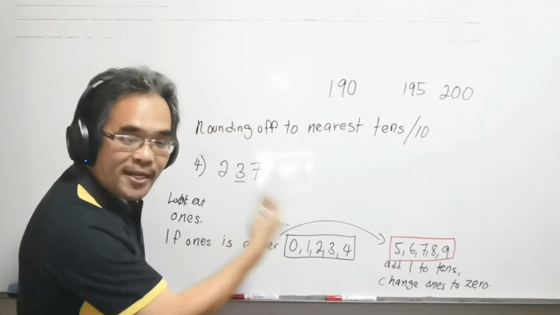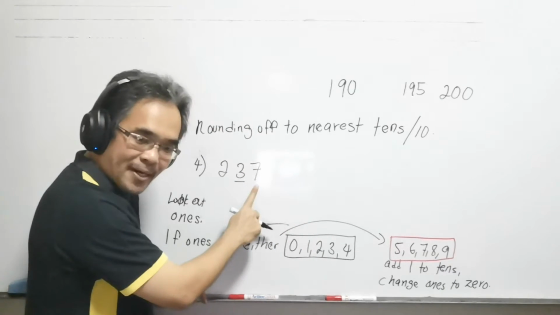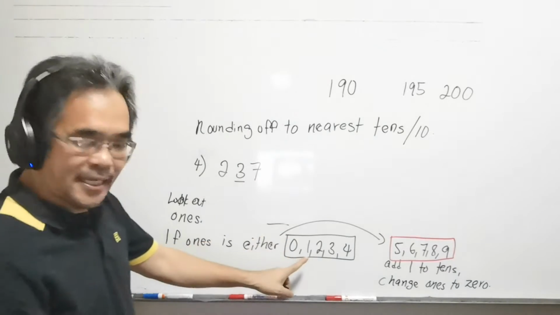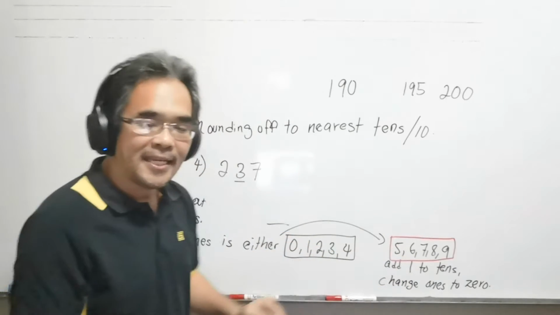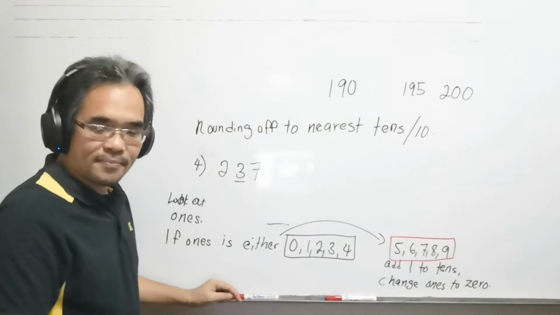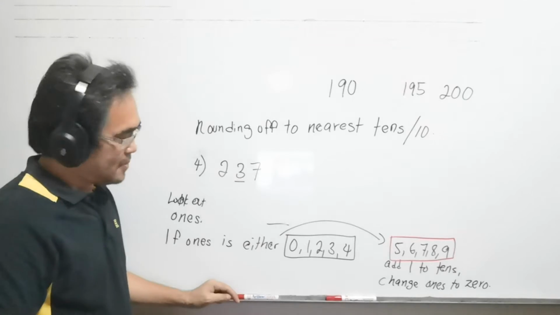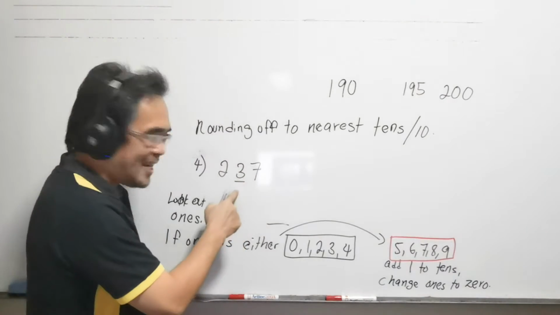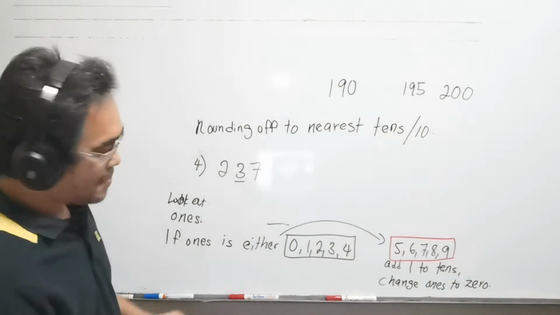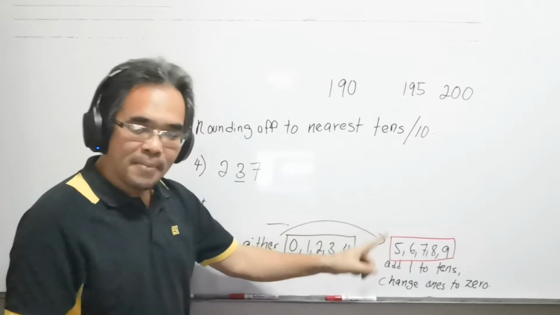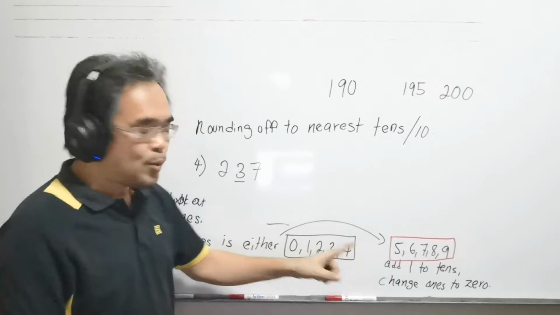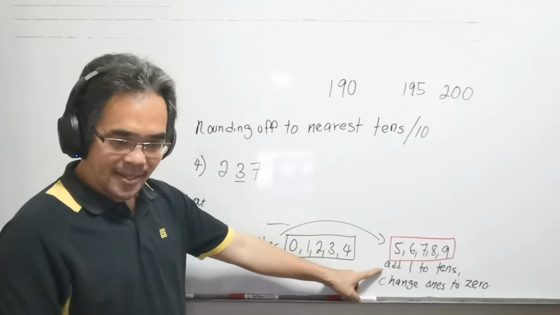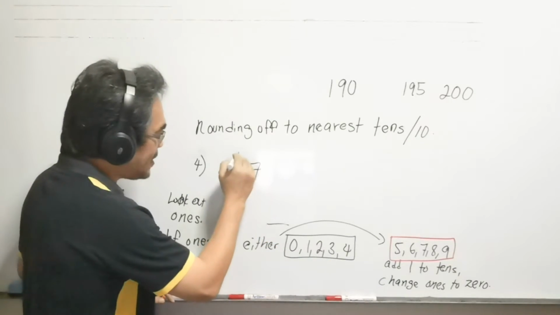The number on the right side. So this number, is it in the black rectangle or in the red rectangle? If the number is in the red one, what do we have to do with the 10? We have to add 1. So write down here plus 1.